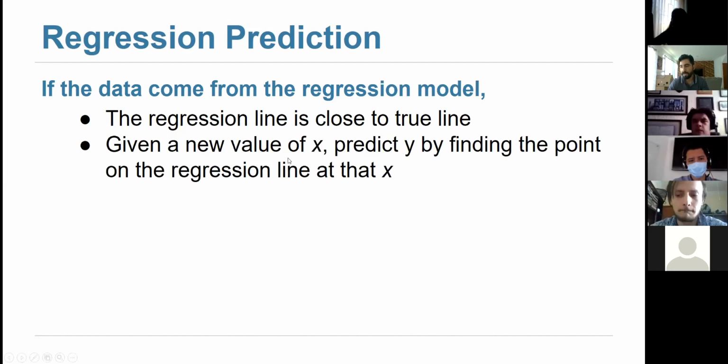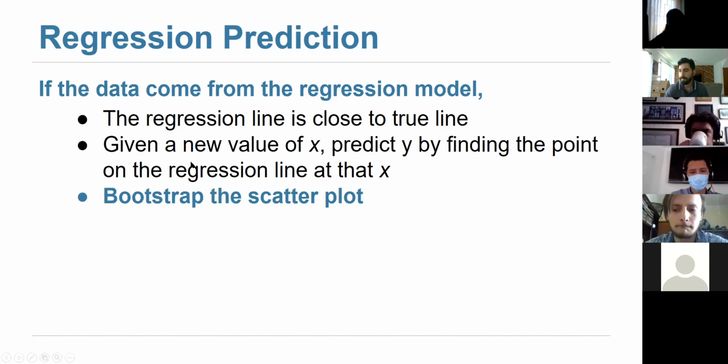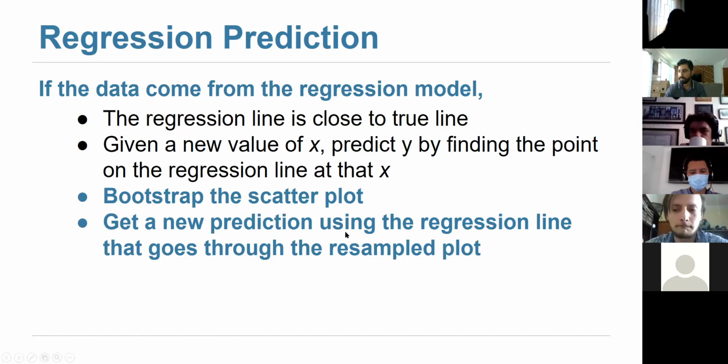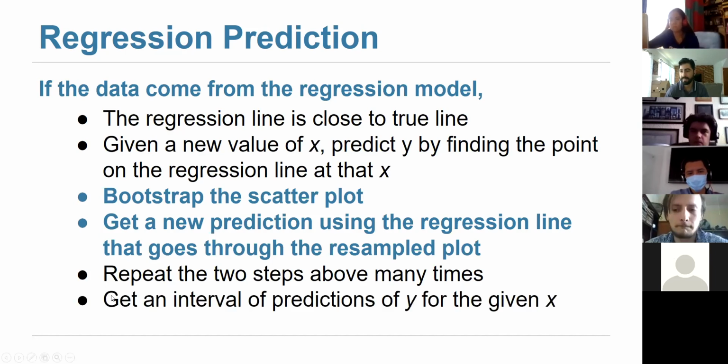Given a new value of x, predict y by finding the point on the regression line at that x. Bootstrap the scatter plot, and get a new prediction using the regression line that goes through the resampled plot. Repeat these two steps many times and get an interval of predictions of y for the given x.